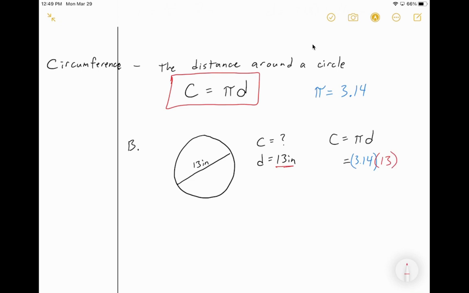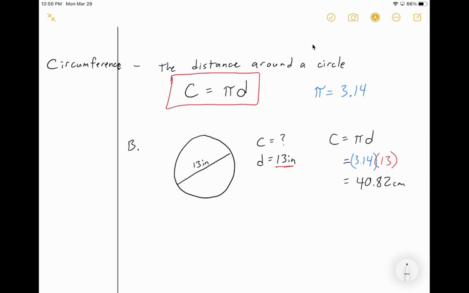Then I get my calculator and do 3.14 times 13, and I get 40.82. Sometimes I'll tell you to round, but for right now we don't worry about it. So the distance around my circle is 40.82 inches.